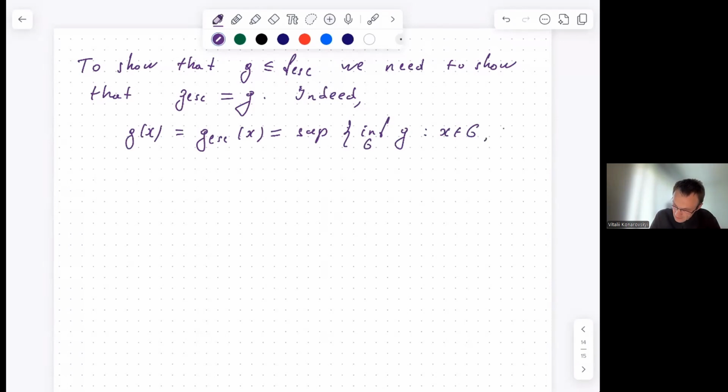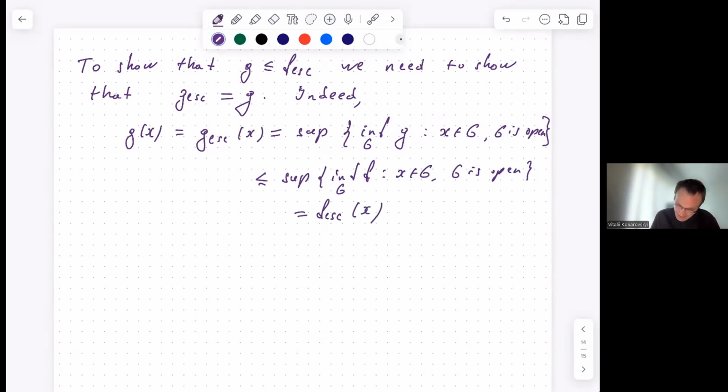But now, according to our assumption, g is less or equal than the function f. So if in this infimum you replace the function g by the function f, you will get something larger or equal. So the supremum also will be larger or equal. But it is exactly f lower semi-continuous regularization. And then you will get the inequality.